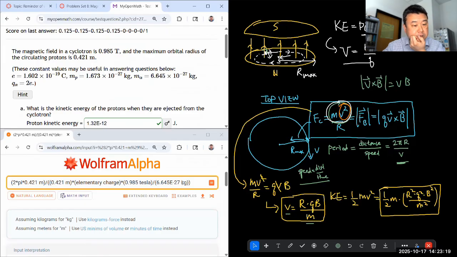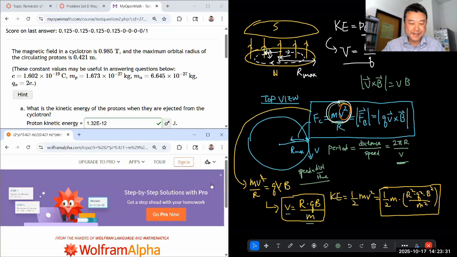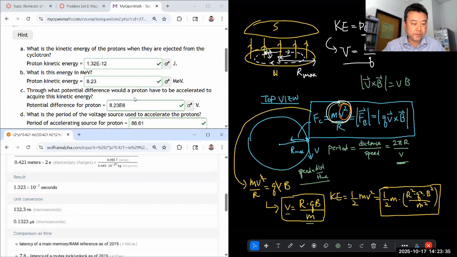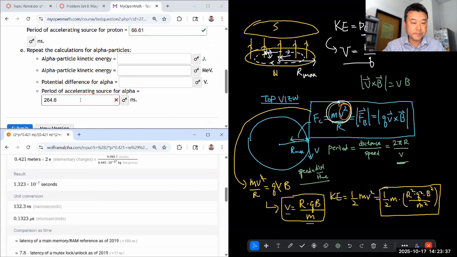It's possible there's a rounding issue. Oh, an elementary charge, right? The alpha particle has double the charge. So 2 times elementary charge. That's going too quickly. So that should be 132.3 nanoseconds.